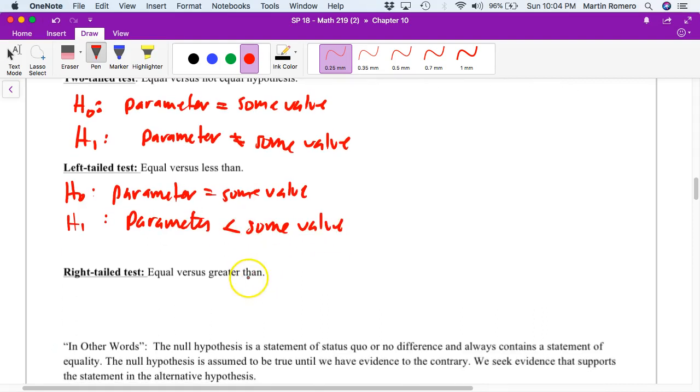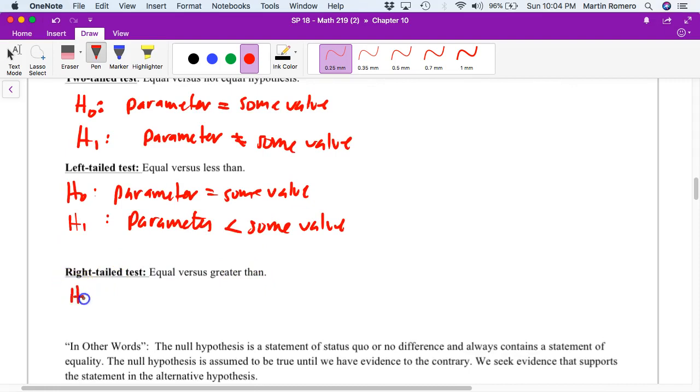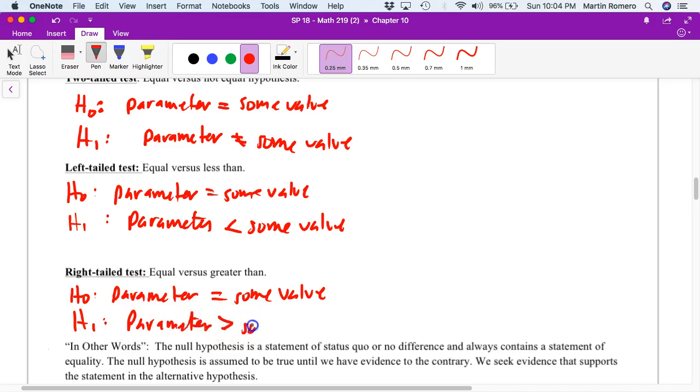The third way is through a right-tail test. The null hypothesis would be that the parameter, population proportion or mean, is equal to some value. And the alternative is that the parameter is greater than some value. That's what you're going to follow to write and do hypothesis tests.